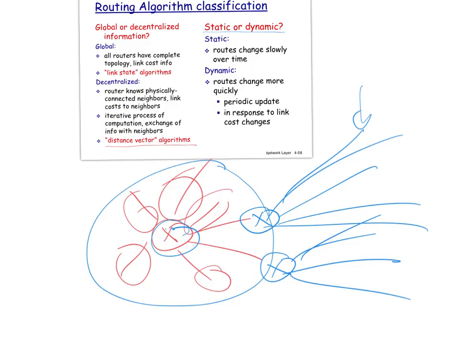For distance vector, no, I don't actually construct a link state at all. I don't have any link state. So for each of these two classes of routing algorithms, we use a different technique, a different algorithm.